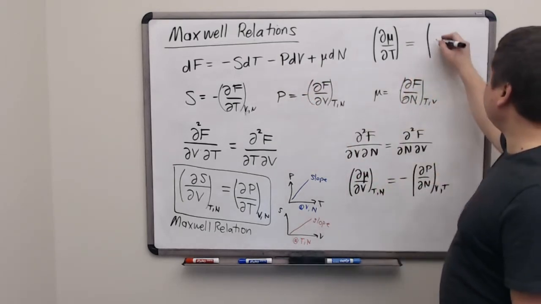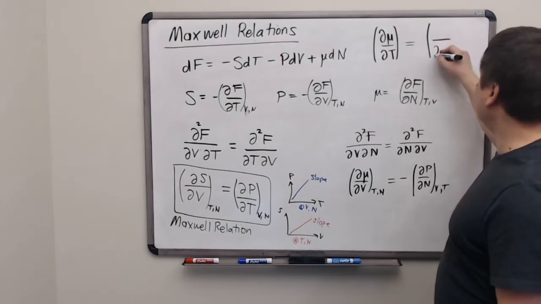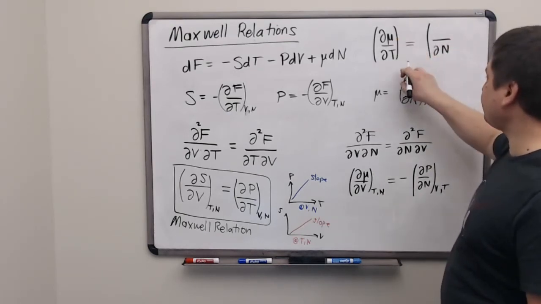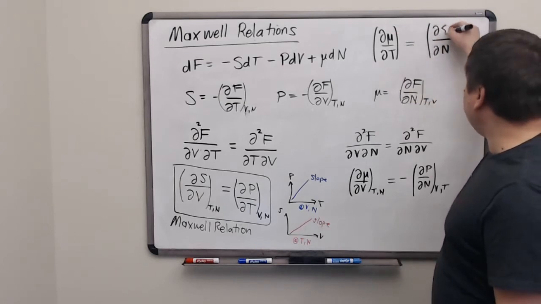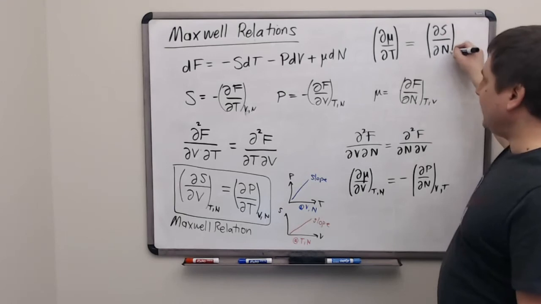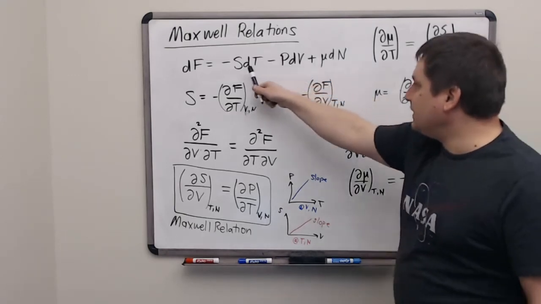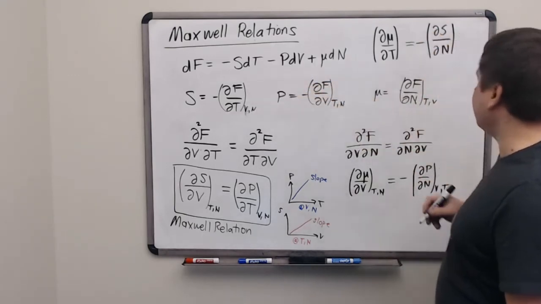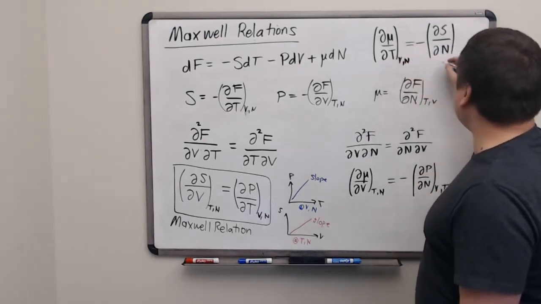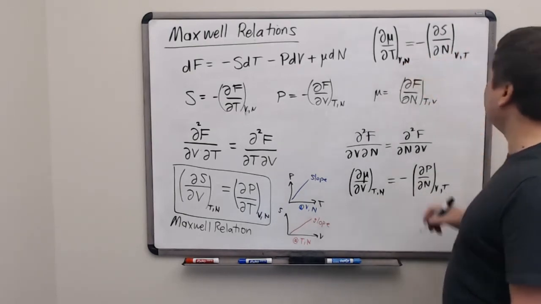So my derivative over here, I will expect to have N on the bottom, because it's the conjugate of mu. S on the top, right, because it's the conjugate of T. My signs are positive for mu and negative for S. So I'll have one minus sign here. And my natural variables in this case are T, V and N.